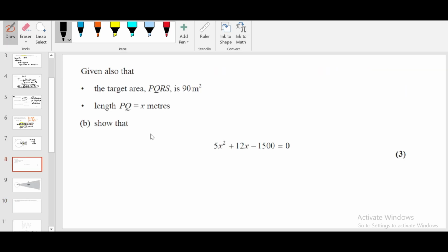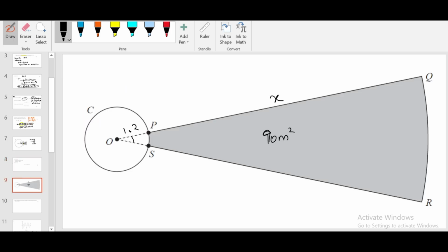Part B wants you to frame an equation in terms of x. To do that, we use the area of a sector, half r square theta. We take this whole thing as the radius, so half times x plus 1.2 whole square times theta. Theta was given in part A as 0.6.